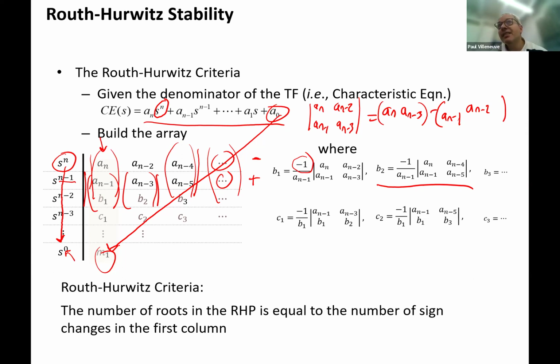Say that again. What will determine how far down? Right here. That determines when you stop. When you get to the S to the 0, you're done. You can't go beyond S to the 0. There are no more coefficients to evaluate. But then we will always have A N and A N minus 1. Right. Those two always. Yep. C1, C1, C1. Yes.